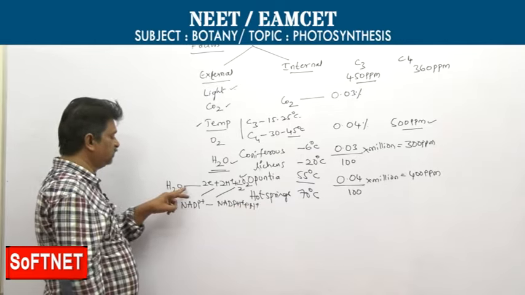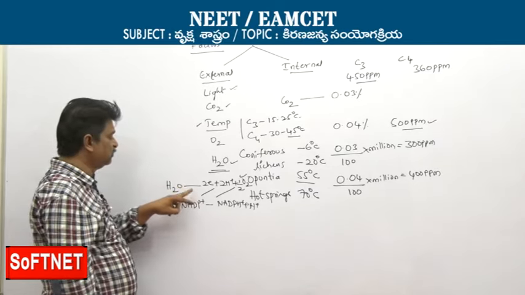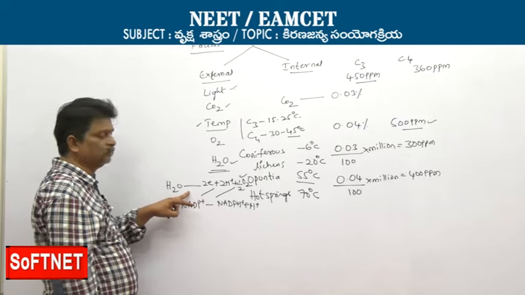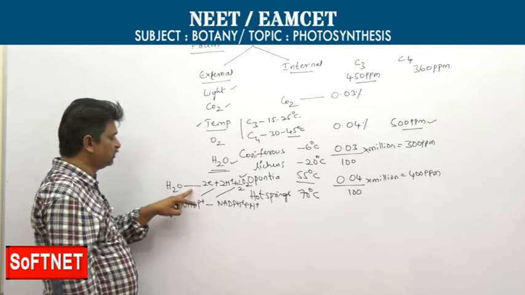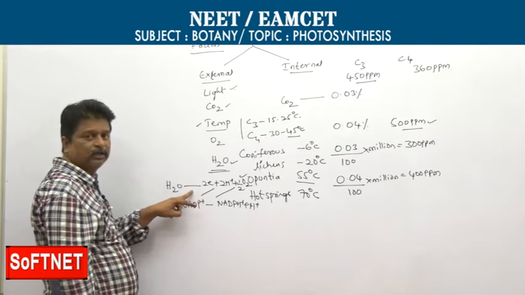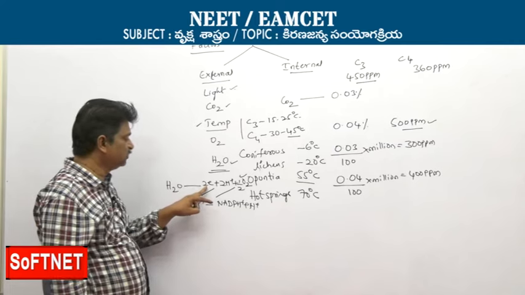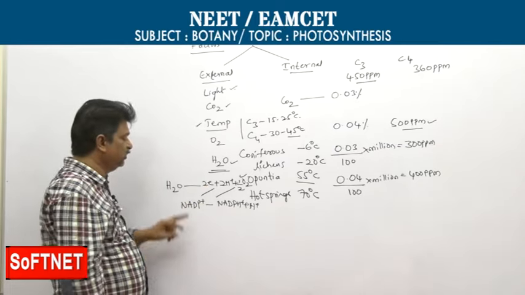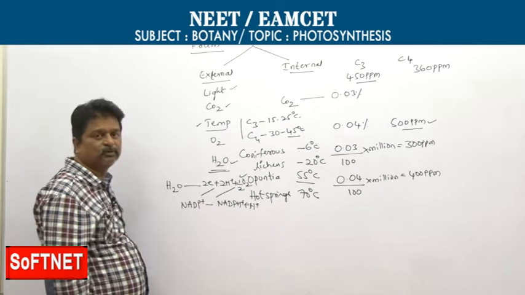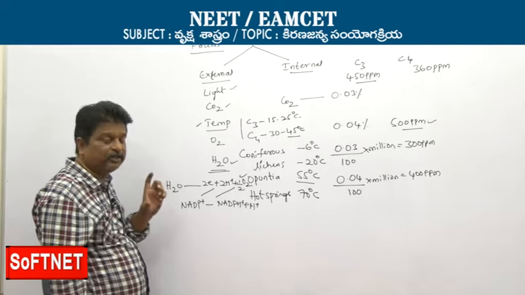Actually, the scientist Hill reported that isolated chloroplast could release oxygen in the presence of a proton acceptor, and he used an artificial proton acceptor, that is potassium ferric oxalate.